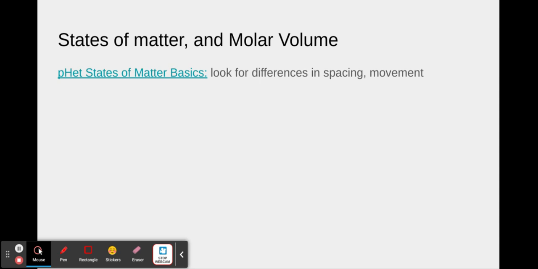Okay, let's add a little bit more. We'll go back to neon, add a little bit more heat, and watch what happens in the gaseous phase. And the gas phase is really what we're going to talk about today. So let's add enough heat to get all of these things separated. So notice that as we add heat, the movement increases. The molecules interact less with each other.